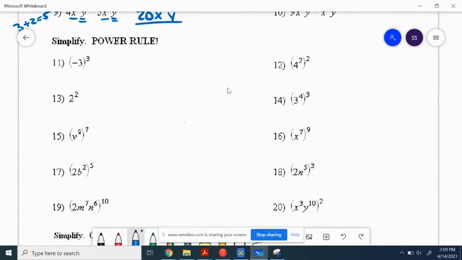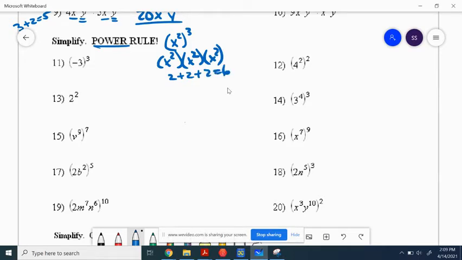All right, the power rule. If we're raising something to another power, like x squared to the 3rd power, what that really means is it's x squared, x squared, x squared, 3 different times. And we know from the product rule that we would do 2 plus 2 plus 2, and we would get 6.